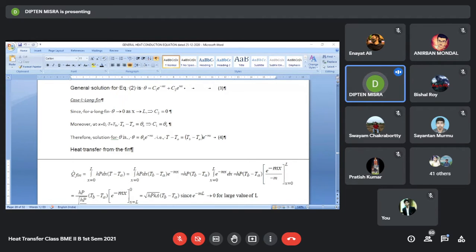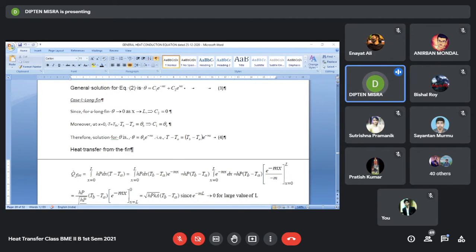But for all practical purposes, after some distance, the temperature difference between the fin and the ambient decreases progressively, and the effective temperature difference is not enough to cause enough convective heat loss. That is why normally fins should not be made much longer.